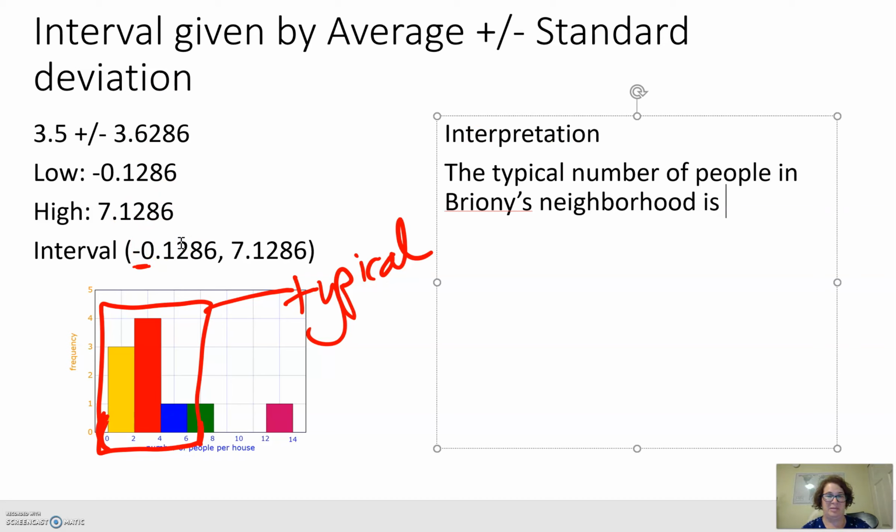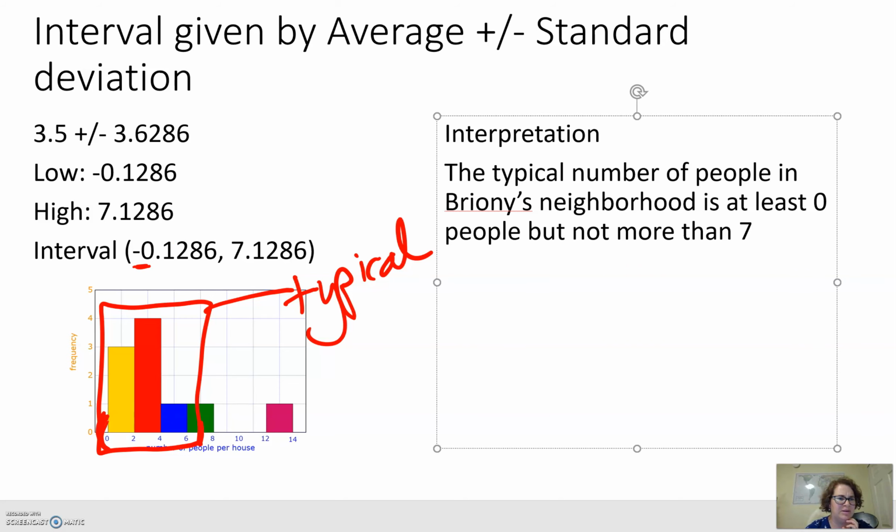I mean, if this was talking about weight, you could be losing weight or something like that. But this is people, so at least 0 people, but not more than 7, or up to and including 7.